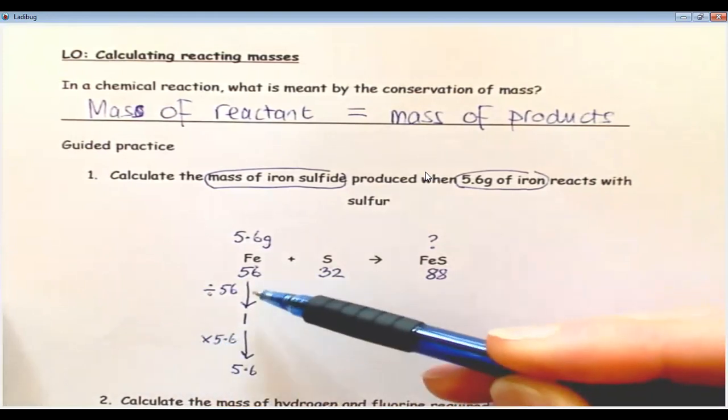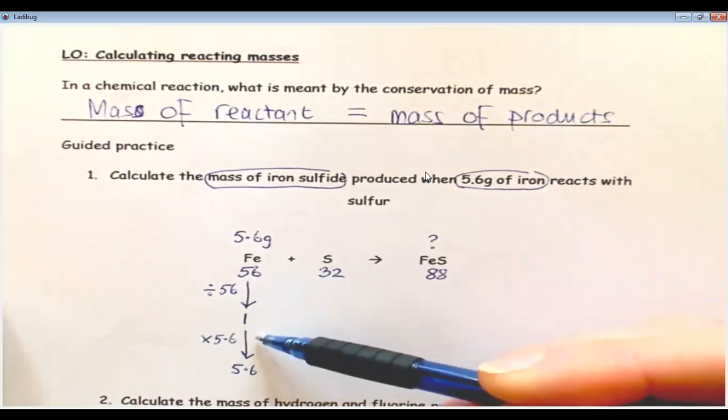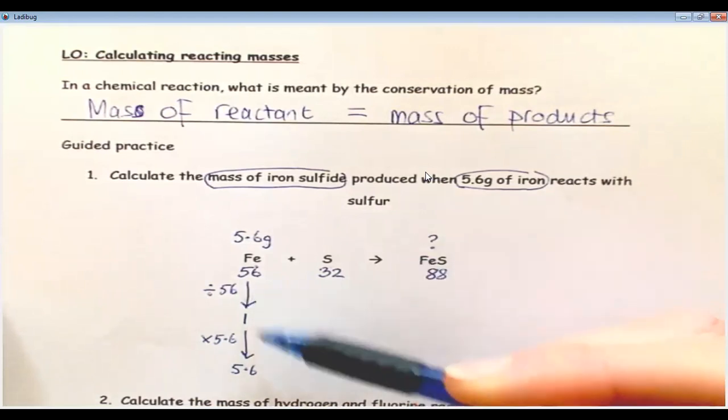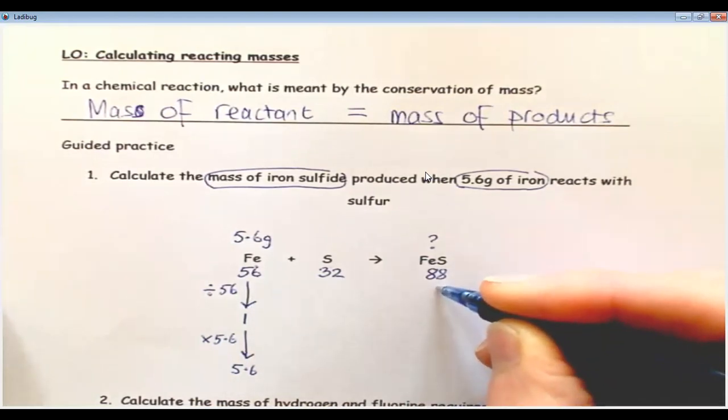Now what we have to do to solve this is what we've done on this side of the reaction, we're going to do on the other side of the reaction, using the same numbers. So I'll show you that now.